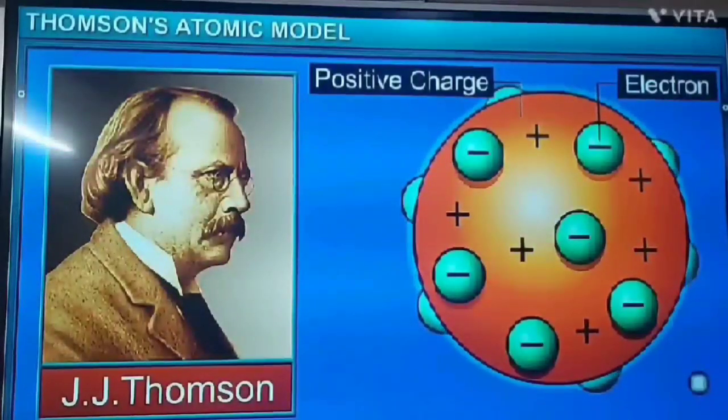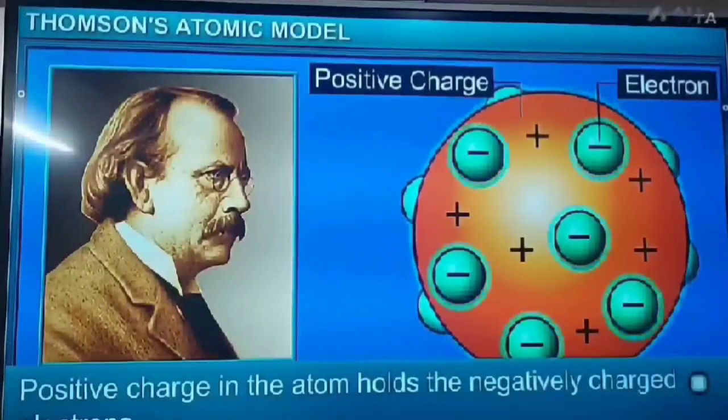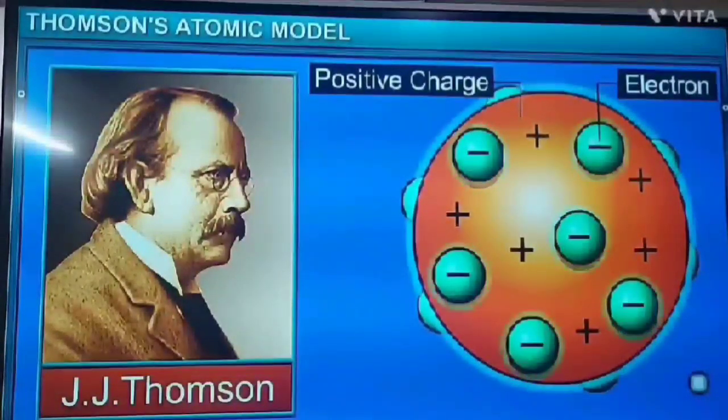Thomson asserted that the positive charge spread through the atom held the negatively charged electrons due to electrical forces. This assertion aimed to explain many experimental observations.